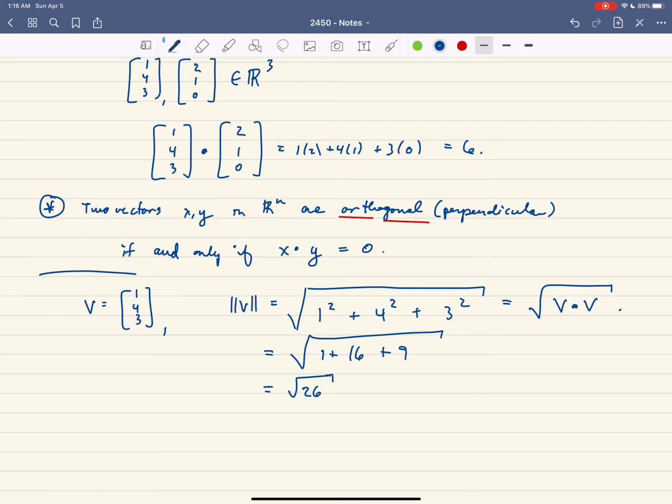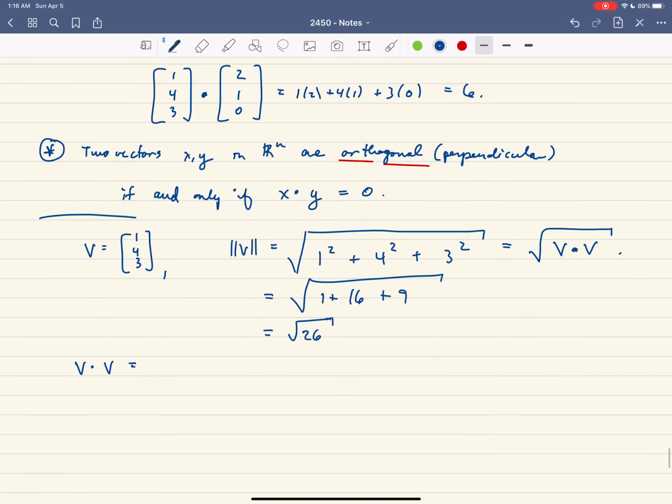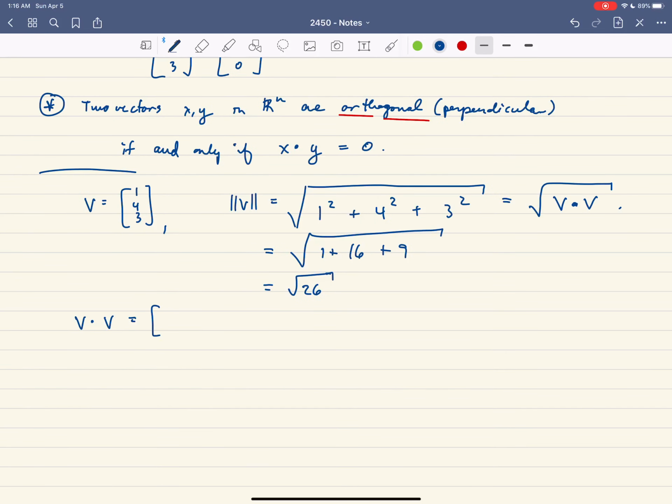And I could think of this dot product in a few ways, but I could think of v dot v as actually, and this is genuinely what the dot product is, the matrix product of the matrix [1 4 3] and the column (1, 4, 3). Right, so this is really just the matrix product of V transpose times V.